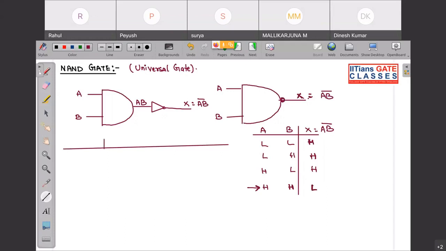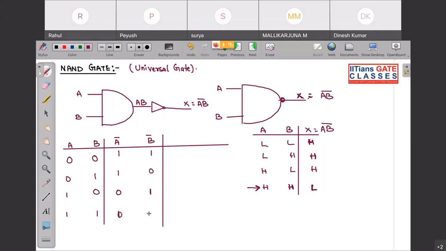If I want to draw the generalized truth table, so I will do something over here also. So very quickly, if you do A complement B, okay, so this will be what?